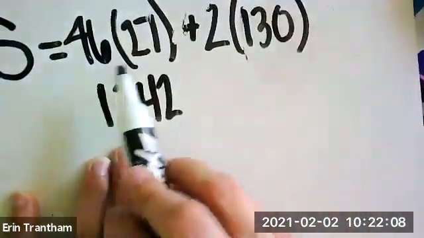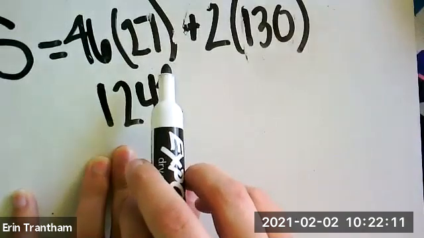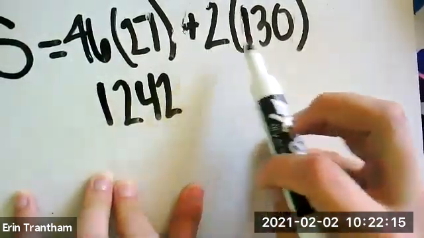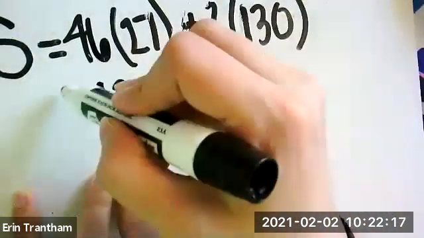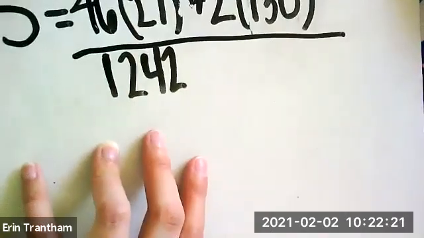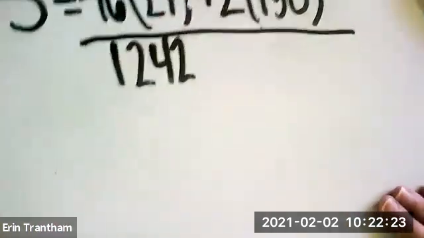So now we're going to put it in our calculator. We already know 46 times 27 was 1,242. So we can do 1,242 plus 2 times 130, or you can put this whole thing in your calculator. Up to you. And what's your answer?